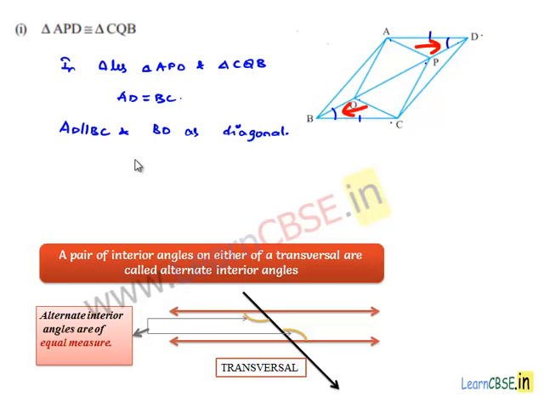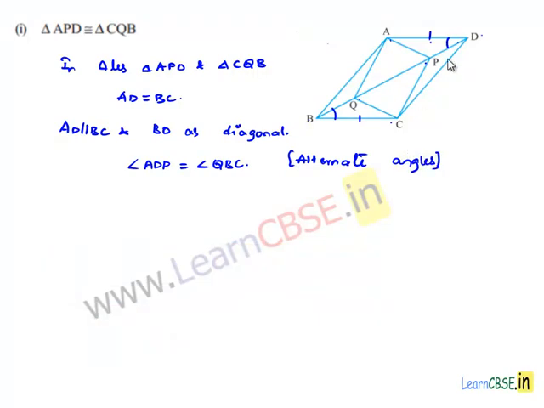So we can say angle ADP is equal to angle QBC, as they are alternate interior angles. Now he has already given that BQ is equal to DP. Now here, if we observe, in both the triangles, the two corresponding sides and the included angle between them are equal.